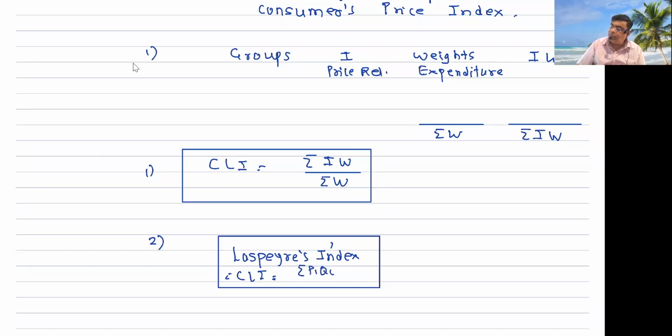Sigma P1 Q0 over sigma P0 Q0, into 100. This is also treated to be Laspeyres index as a CLI. I want your complete concentration. Laspeyres index is considered to be the CLI.